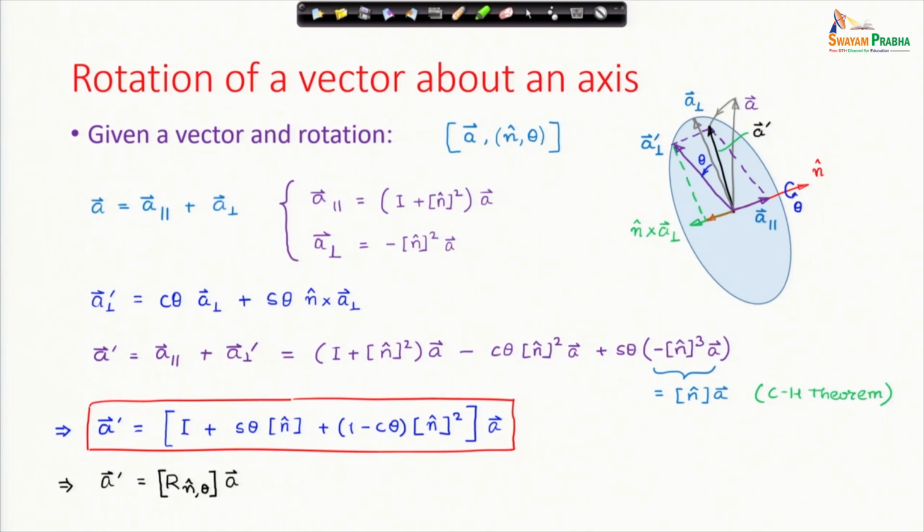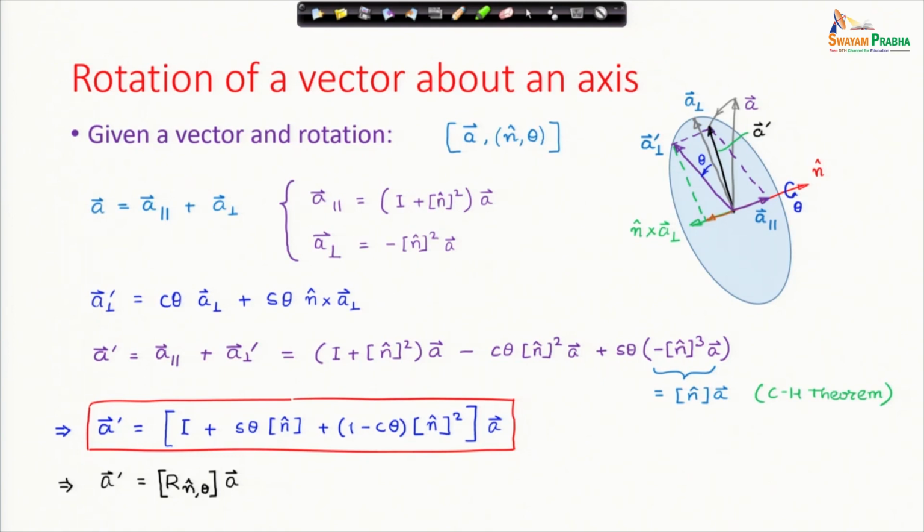Now, you can do some simple tests. For example, you take n cap in the x axis direction, will you get back the rotation matrix about x axis direction which we have discussed? This I leave it to you to check.